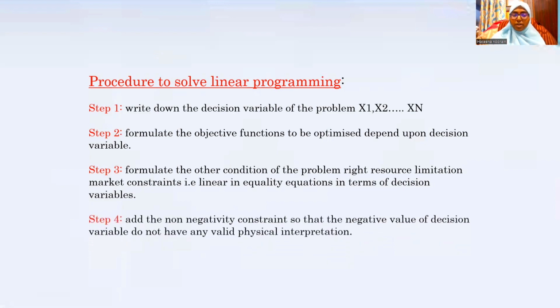The fourth step is to add the non-negativity constraint so that negative values of decision variables, which do not have any valid physical interpretation, are excluded. Whatever the formula we get, it always represents non-negativity as a positive value. Now, let us understand this whole procedure by solving a simple problem.